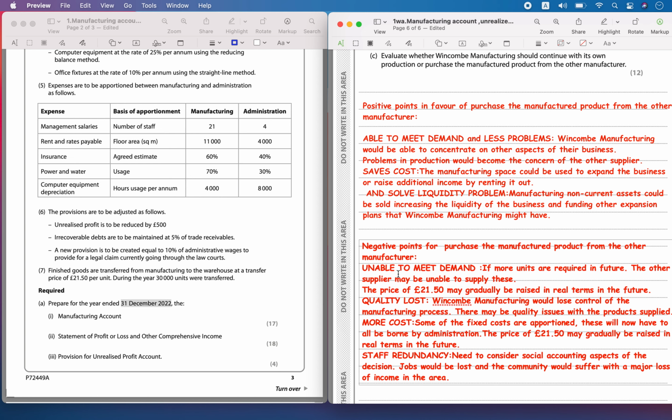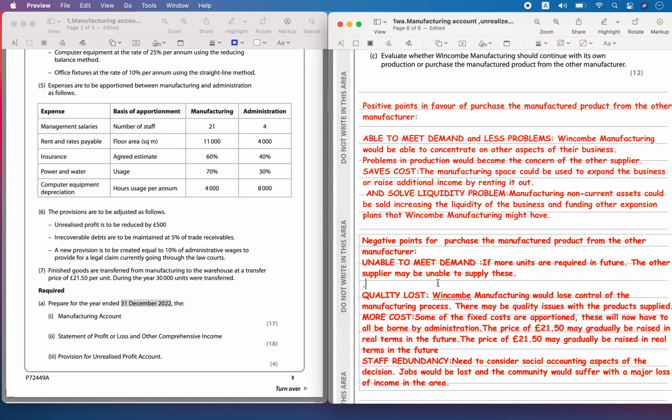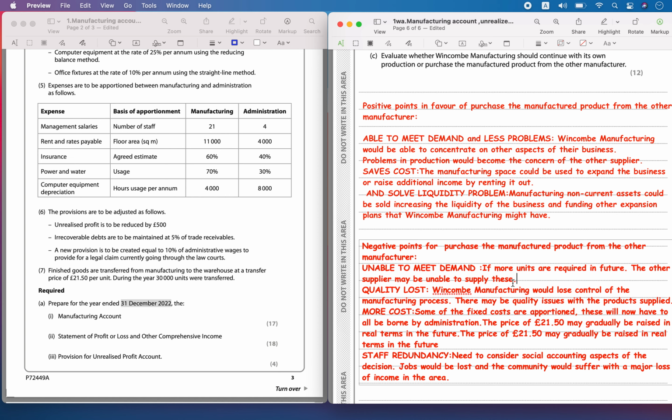So first, they will still not be able to meet the demand if the supplier is unable to supply those products. And the second one is that quality might be lost in some cases.